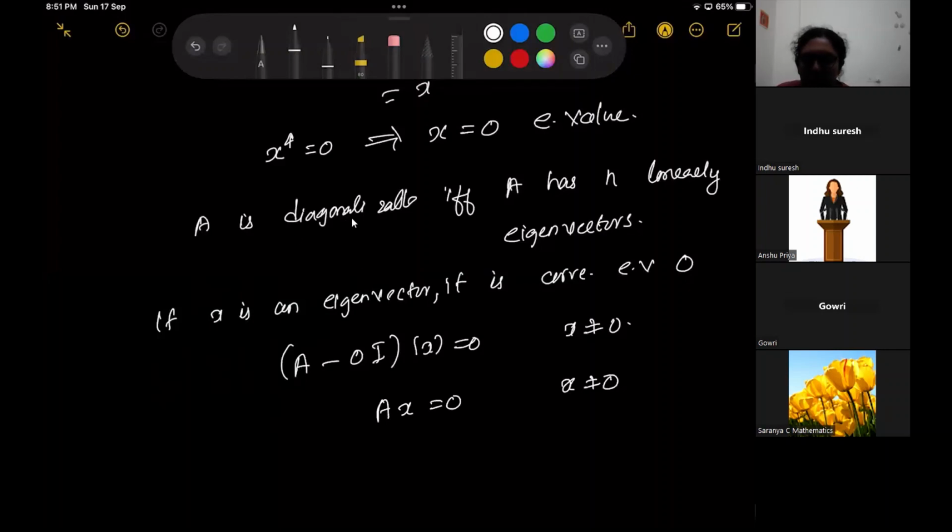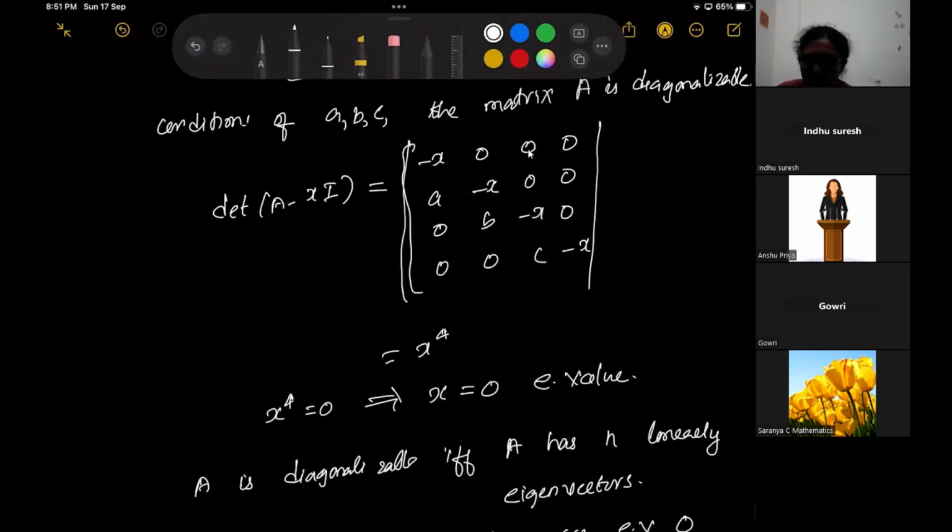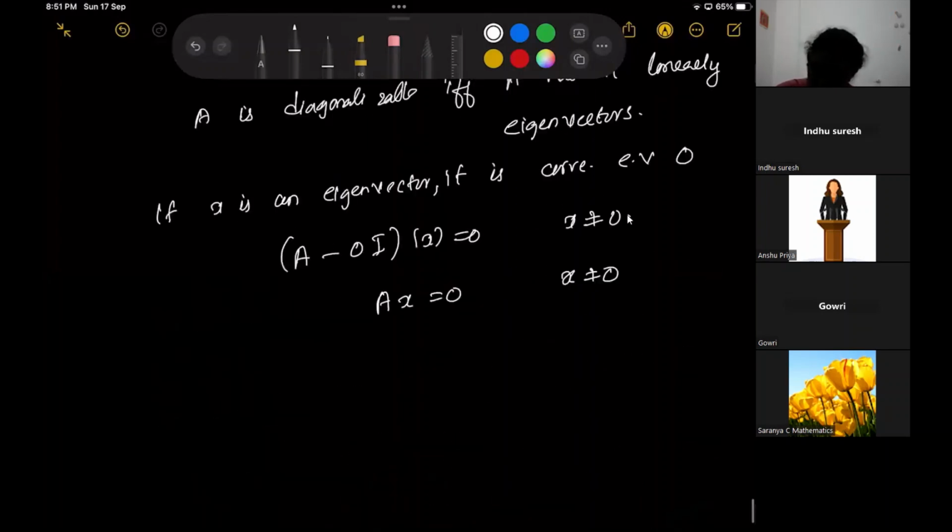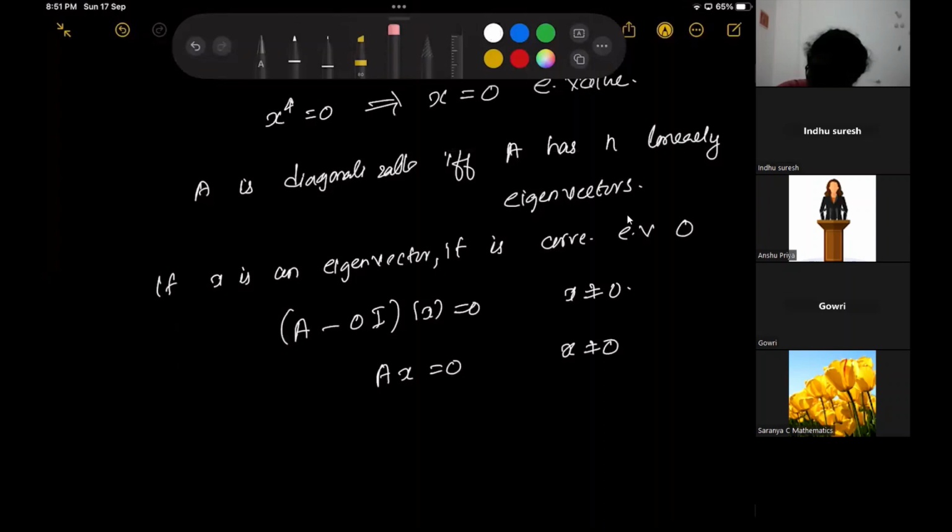A is diagonalizable if and only if A has n linearly independent eigenvectors. Here n equals 4 because A is a 4 by 4 matrix. So we need 4 linearly independent x such that Ax equals 0.